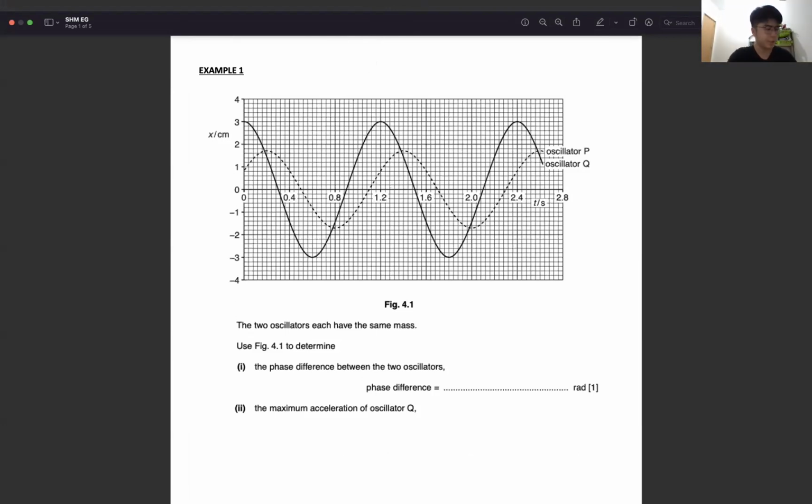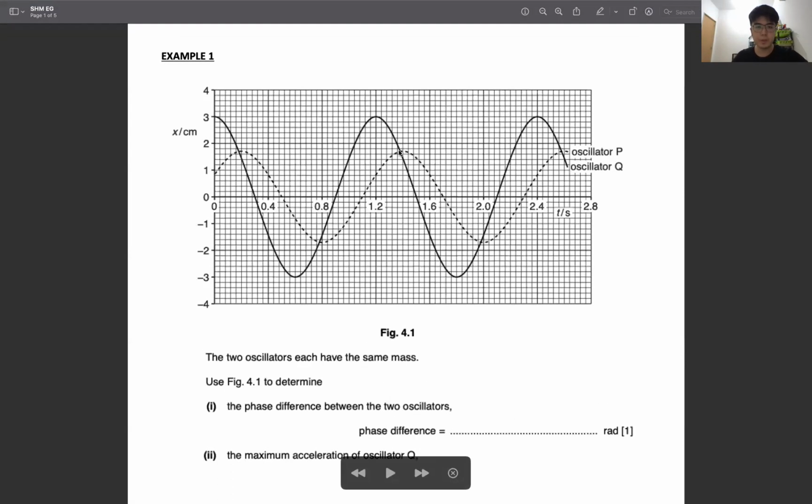Okay, let's continue. We look at 3 examples.